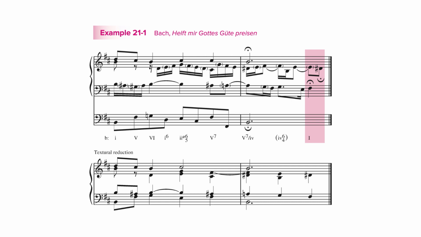Mode mixture is actually a characteristic of major mode, and in minor mode there is only one chord which is very often borrowed from the parallel major, and it is the major tonic chord. Let's listen to the excerpt.